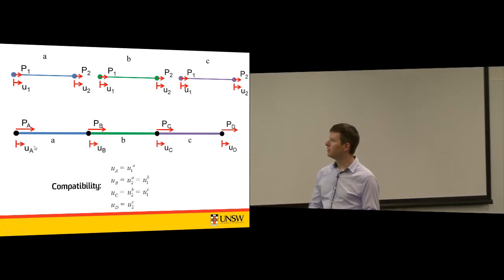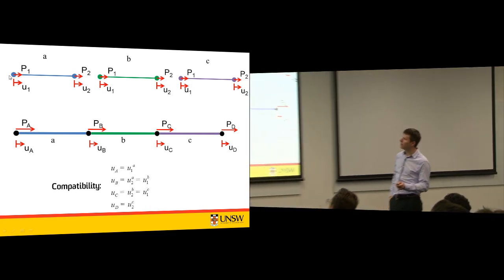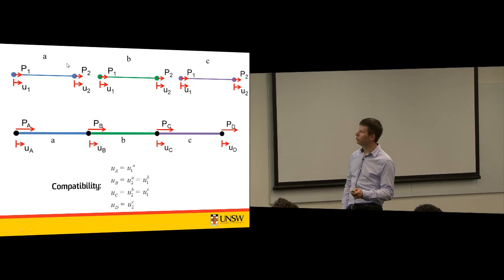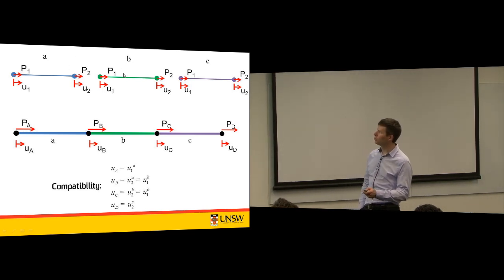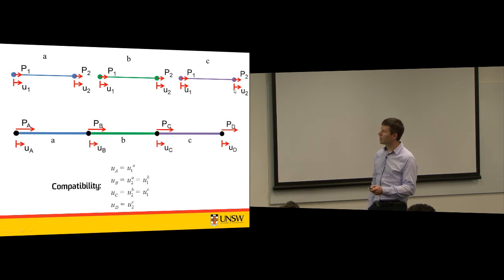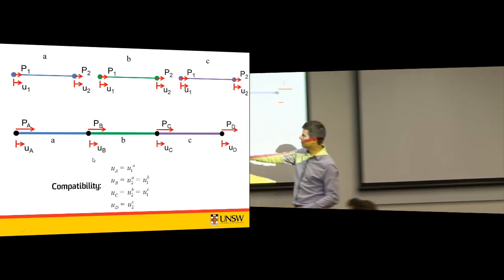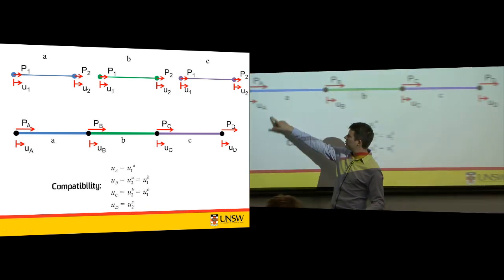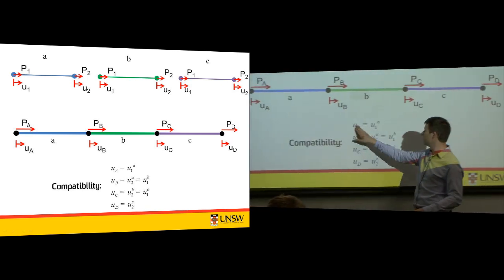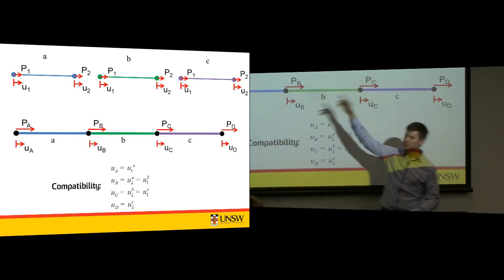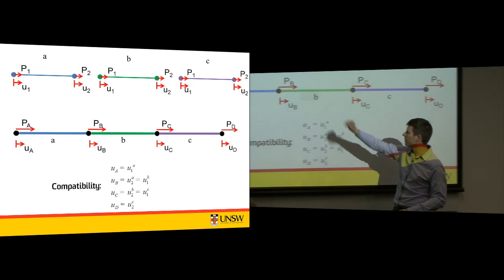So each bar has a node 1 for that bar, right? So A has a node 1 and node 2. Then B has a node 1 and node 2. And C has a node 1 and node 2. Those all come together, and displacement capital A here must be whatever the displacement of node 1 for element A is, because that's the only element touching that node.